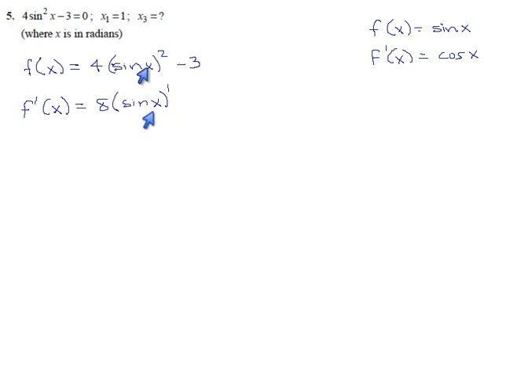And now the chain rule says, continue your derivative, do the derivative of what was inside this. Well, the derivative of sine x is cosine x. And then the derivative of minus 3 is 0, so that's where it ends. So our derivative f prime of x, I'm just going to write it a little nicer, is 8 sine x cosine x.